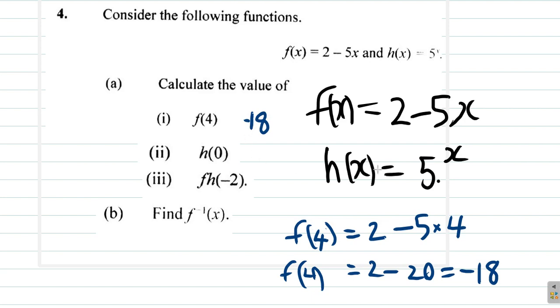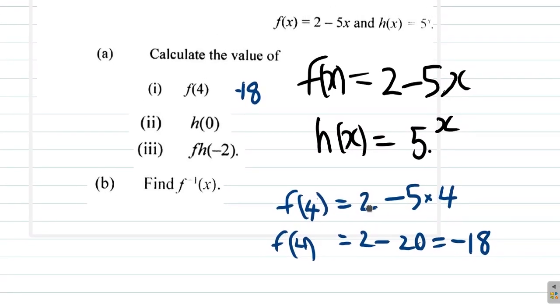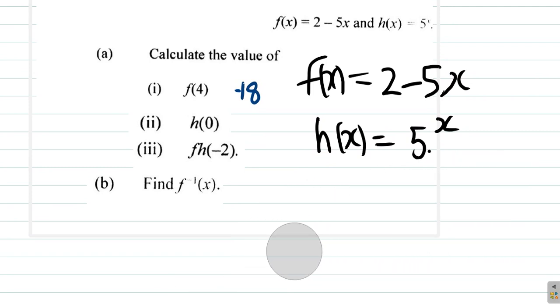What about h of 0? What did we get for that? Now, let's just erase some of what we have here to make space. We want h of 0. Remember that h of x is equal to 5 raised to the power of x. But we want h of 0. Instead of h of x, we remove x and put 0 there.